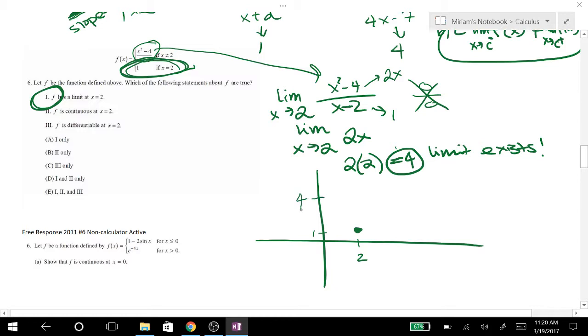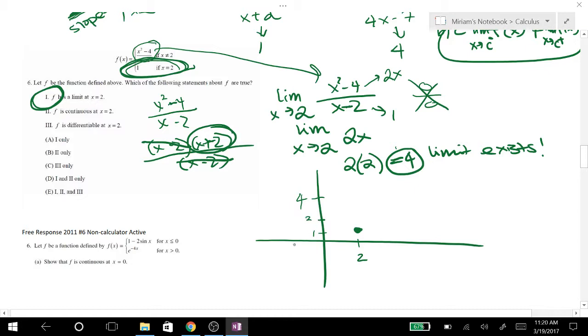So I don't know exactly what the graph looks like right now, right? If I wanted to figure out what the graph looks like, I can go back to my original function. I can factor the top and see if it has any common factors in the denominator. There is 1. I'm left with x plus 2, so I can graph x plus 2.